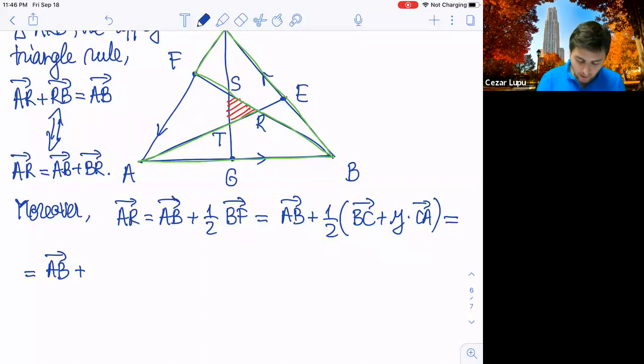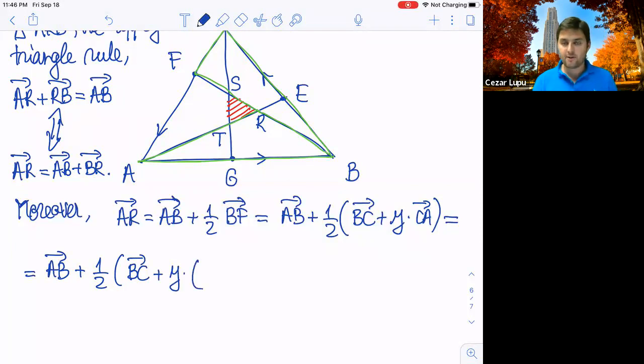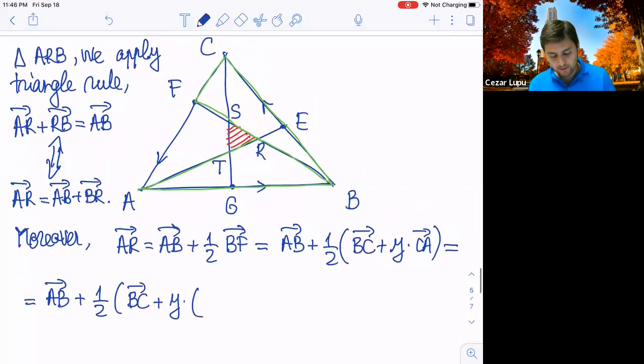So this would be 1/2 times BC vector plus Y times, and now CA vector. So CA vector, so it will be AB vector plus BC vector will be AC vector. So this would be a minus. We'll take a minus outside, right?